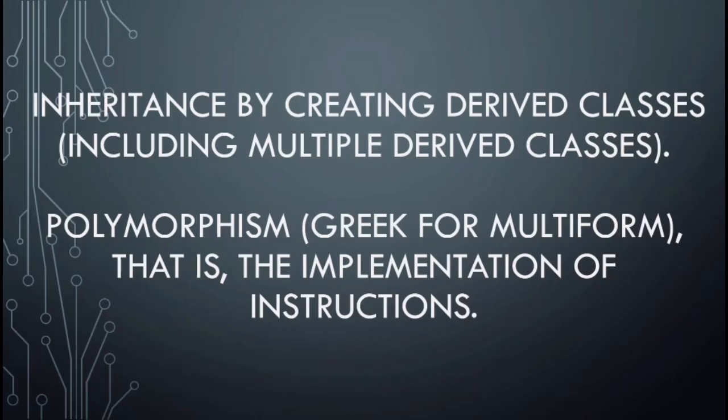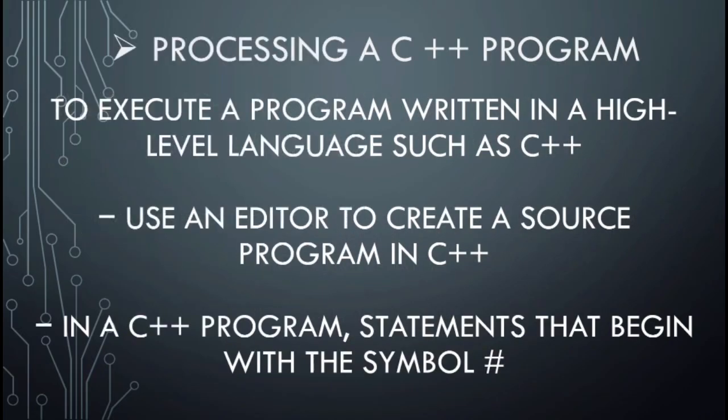Inheritance creates derived classes, including multiple derived classes. Polymorphism, which is the Greek word for multiform, is the implementation of instruction. With polymorphism, objects can take on many forms, allowing the same interface to behave differently. There is more flexibility and extensibility when it comes to polymorphism, and we also use it to override methods and virtual functions.